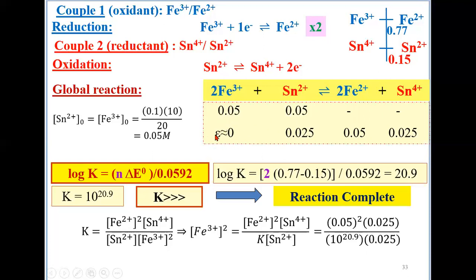Nonetheless, regardless of what you want to call it, epsilon or 2 epsilon, it's 0 at the moment, which is some number concentration of Fe3+.